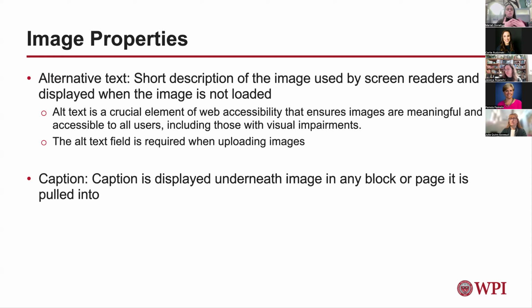So if you upload an image once to the Drupal media library, and then you pull that image in on one page and then maybe again on another subpage, the caption is going to be pulled into all of those locations. This is different from the alternative text because the alternative text is for when the image is not loaded; it's a description of what the image is. Whereas the caption could be a note about the image, or a way to let users know who is in the image, that sort of thing.